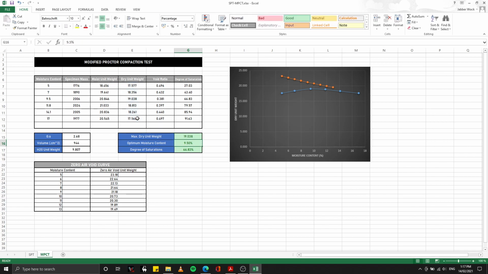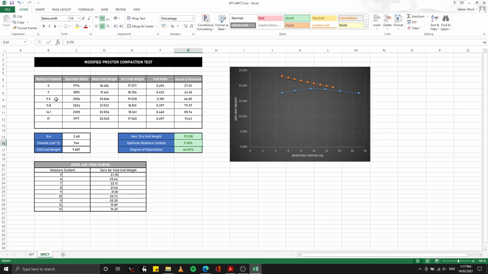Close the function. Then, 19.038 ang ating maximum dry unit weight. Now again, for the optimum moisture content, ang gagawin lang natin is to base our answers sa ating max dry unit weight. So, ang ating max dry unit weight is 19.038. Hahanapin lang natin ang ating corresponding moisture content, which would be 9.5%.